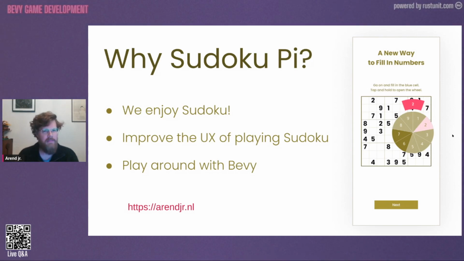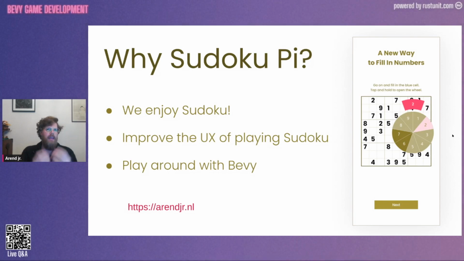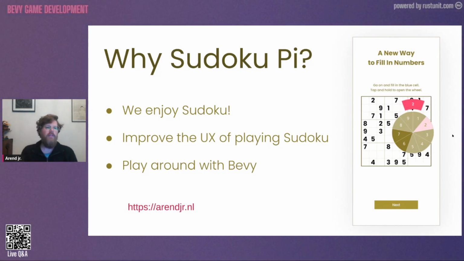That really started to get on my nerves, because what you saw with pretty much every Sudoku app is that they have this 9x9 grid, and you have all these numbers that you need to fill in, and then usually somewhere at the bottom there is another panel, either a row or a little 3x3 grid with all the numbers that you can select.